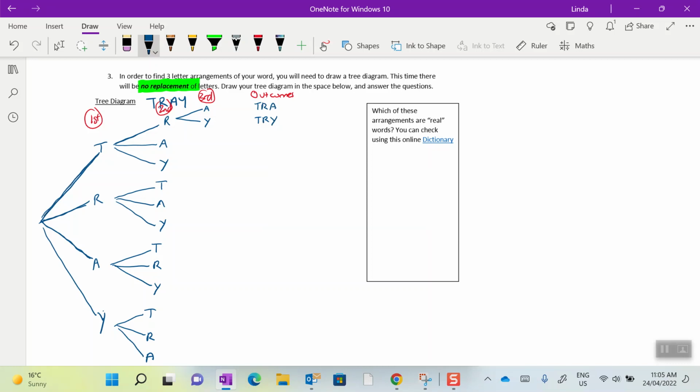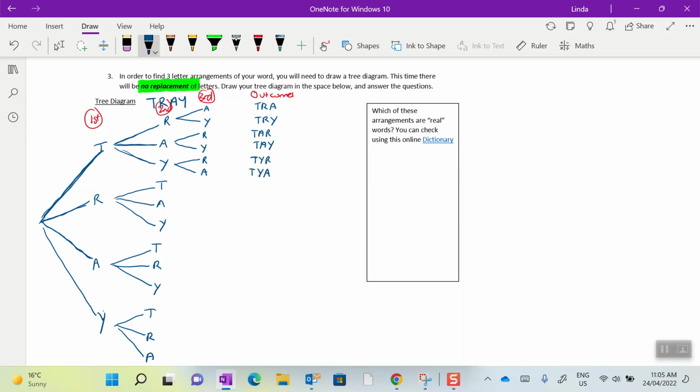If my first letter was T and my second letter was A, the two possibilities after that are R and Y, giving me the words T, A, R and T, A, Y. Continuing along my tree, T, Y. The next possibilities for my third letter are R and A, giving me the words T, Y, R and T, Y, A.